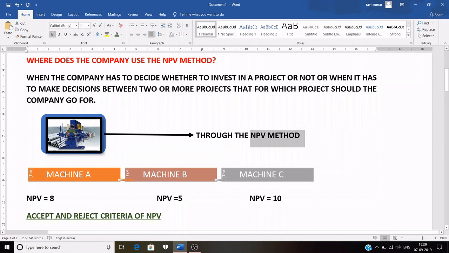Whichever NPV is higher, the company will buy that machine. Suppose machine A NPV is 8, machine B NPV is 5, and machine C NPV is 10. Because machine C's NPV is higher than all the machines, we will buy machine C.